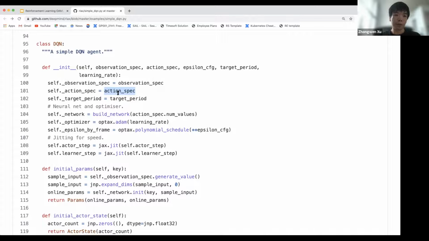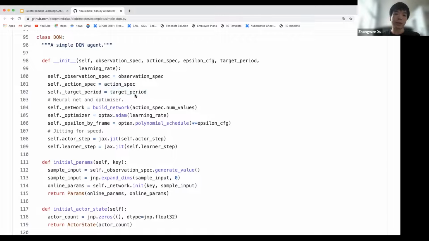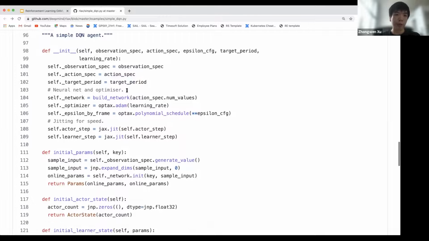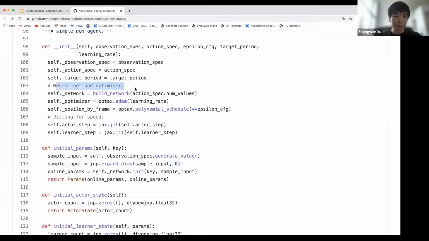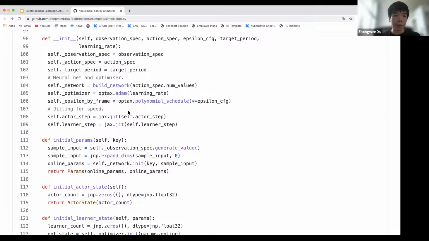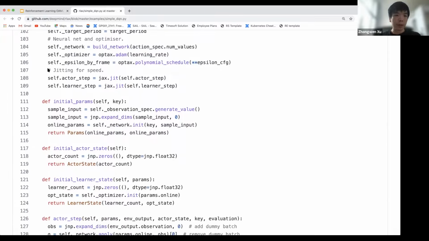Target period describes how often you update your target network, which we briefly touched on. The neural network and the optimizers can be instantiated with very simple APIs. And for the JIT, you don't need to care about that for now until you really get deep into this library called JAX.